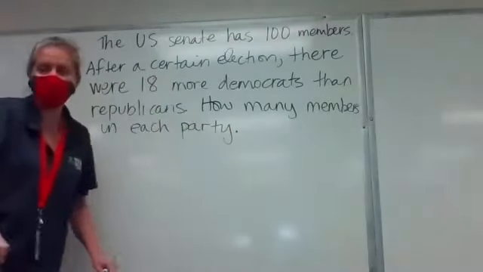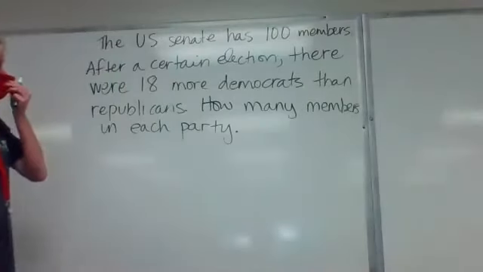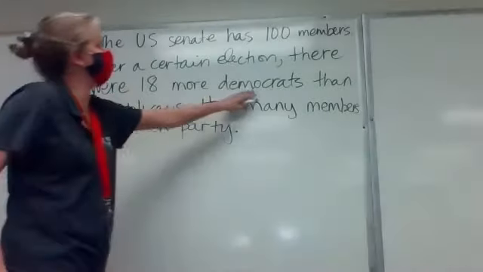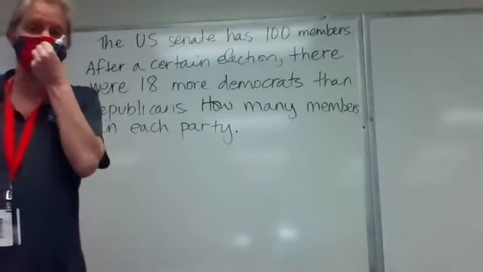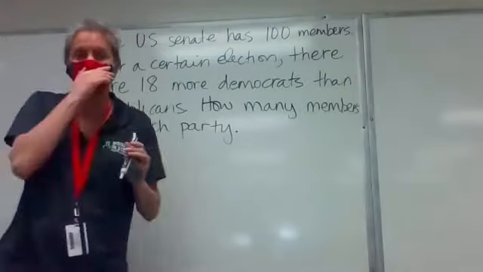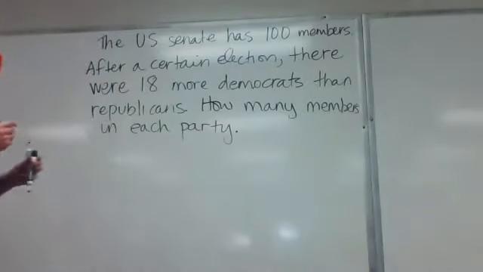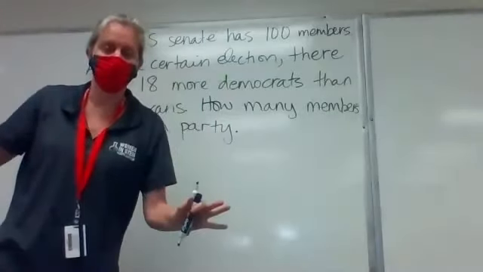Okay, so the U.S. Senate has 100 members. After the election, there were 18 more Democrats than Republicans. How many were there of each party? So it wants to know how many Democrats and how many Republicans were there after this election. So let's think about what's going on. First of all, how many members total would there be?